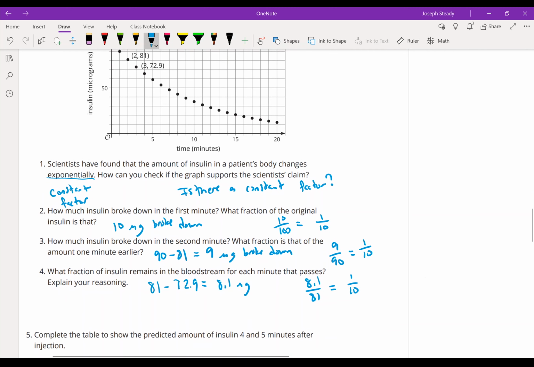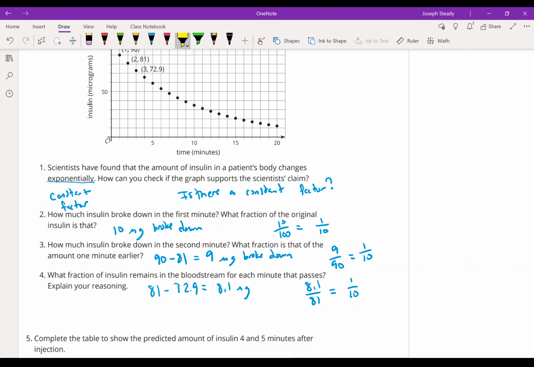So what fraction of the insulin remains in the bloodstream if we are going down by 1/10 each minute? That means that the amount that is remaining is 9/10.